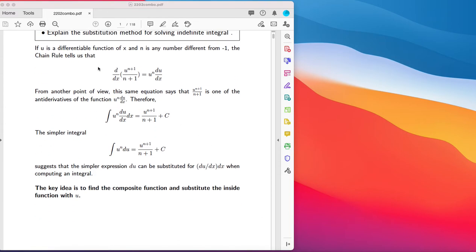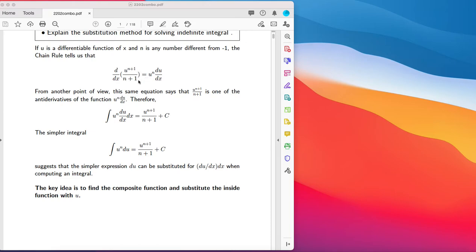If u is a differentiable function of x, and n is any number different from -1, then based on the chain rule, the derivative of u to the power of n plus 1 over n plus 1 with respect to x is going to be u to the power of n.